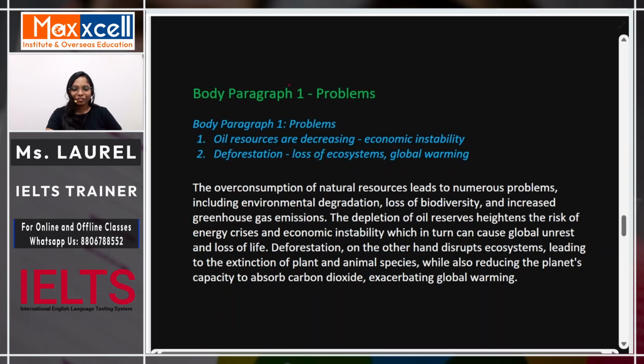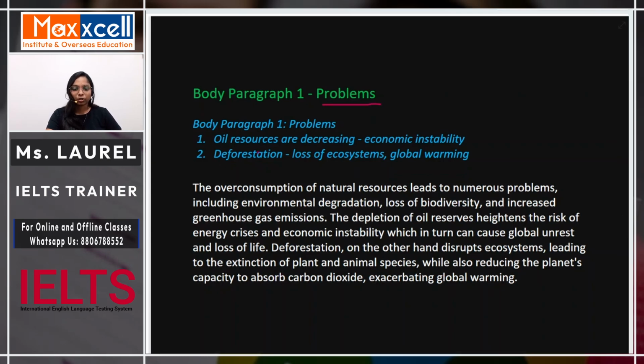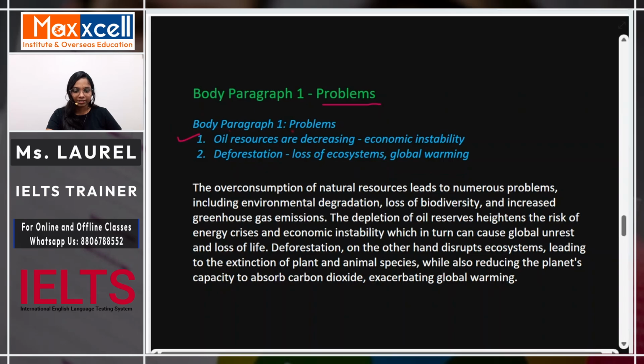Moving on, we reach body paragraph 1, which is dedicated to the problems. So the 2 things, as we have discussed in the plan, that we are going to look at are that oil resources are decreasing, which leads to economic instability, and the other thing we are going to discuss is deforestation, which leads to loss of ecosystem and global warming.